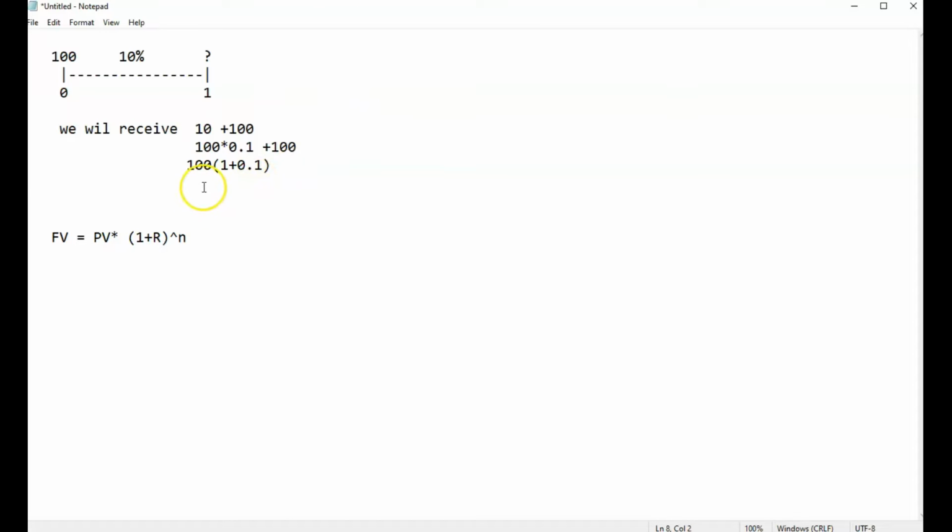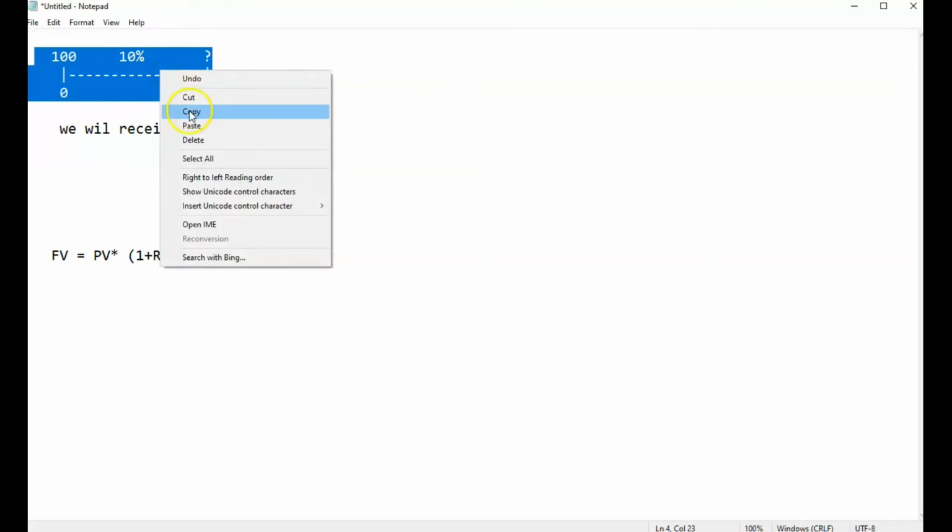If we use present value, we can think of it as present value times (1 plus R). If it's not $100 but $200, we replace it with $200. If R is 5%, we replace it with 5%. So this is for 1 period.